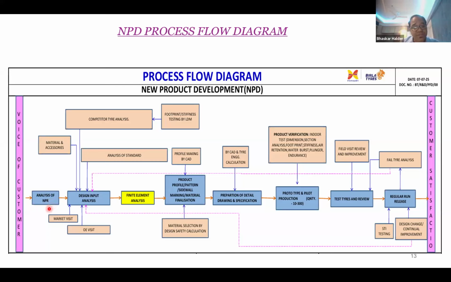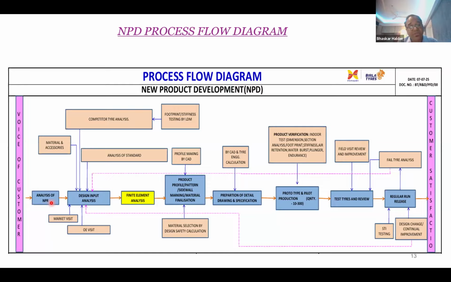Whenever a new product requirement comes, we get input that these tires will go in this market, these tires have to take this load, these tires have this speed limit, and this type of terrain this tire will be running on. We take this information from marketing, and they give us some benchmark tires, the best benchmark tires that are working very well in the market. Accordingly, we decide our benchmark tires.